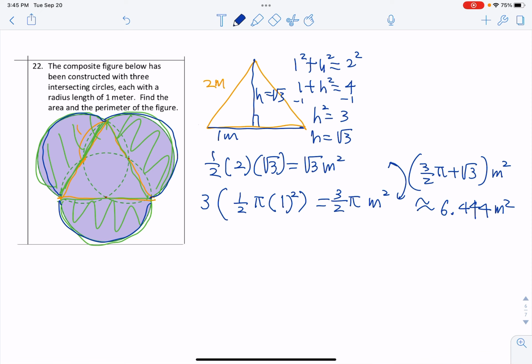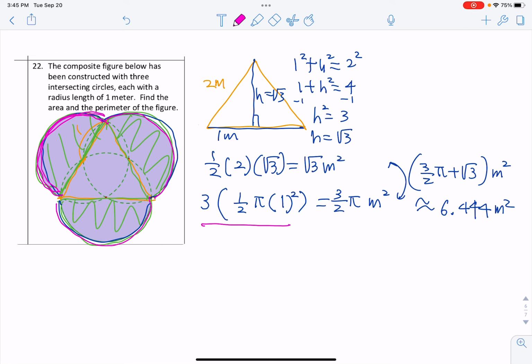And then to find the perimeter, we can just find the half of the circumference. So I will say it's still the same method as this one.